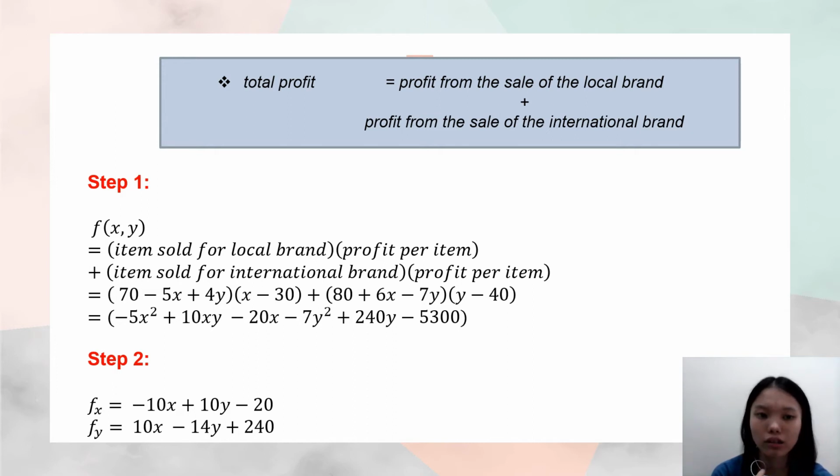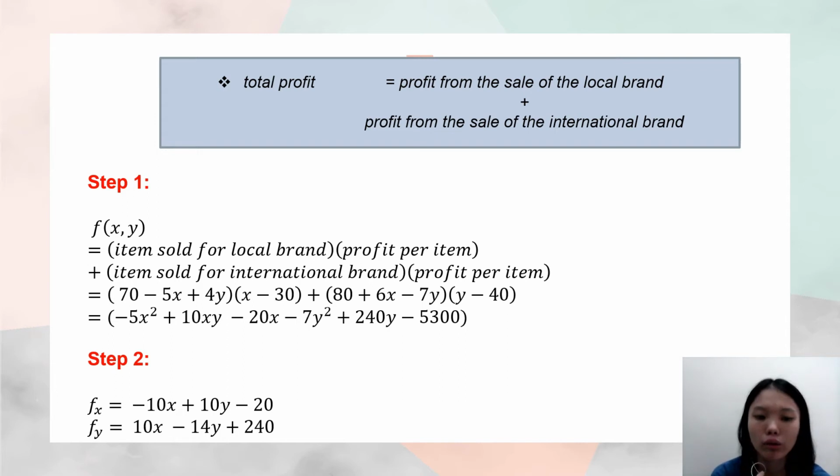We plug in 70 minus 5x plus 4y for the local brand, with price x minus the cost of 30 ringgit, plus 80 plus 6x minus 7y for the international brand, multiplied by y minus 40 for the cost. We obtain negative 5x squared plus 10xy minus 20x minus 7y squared plus 240y minus 5300.